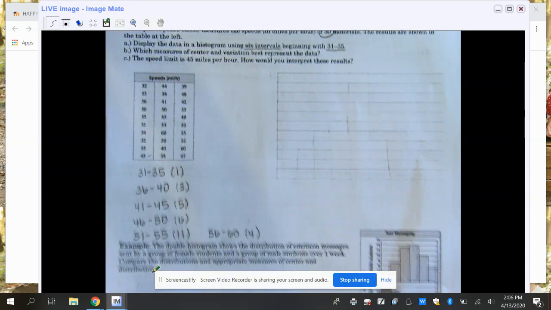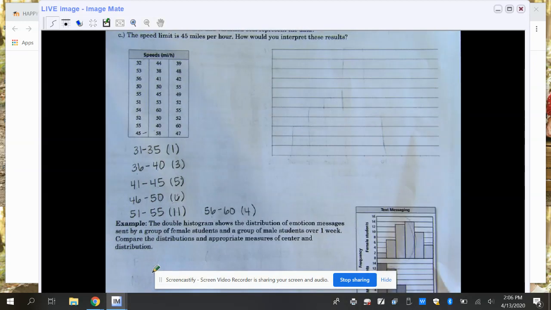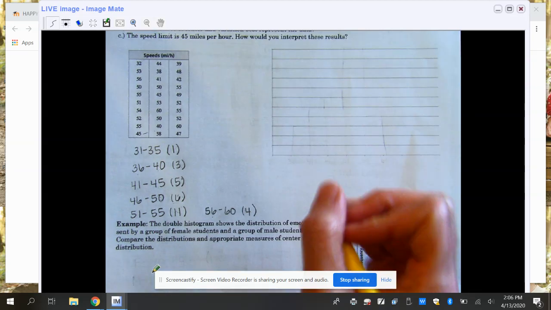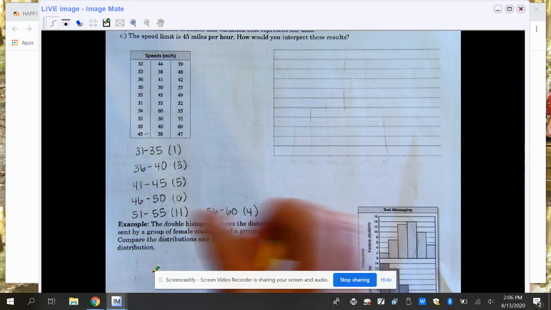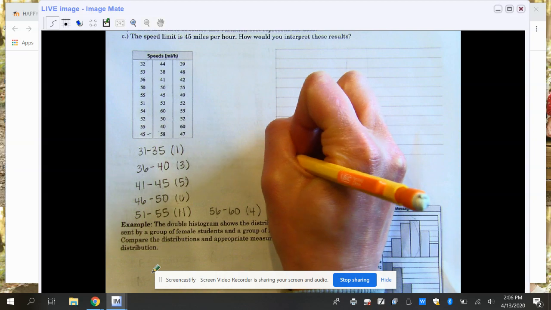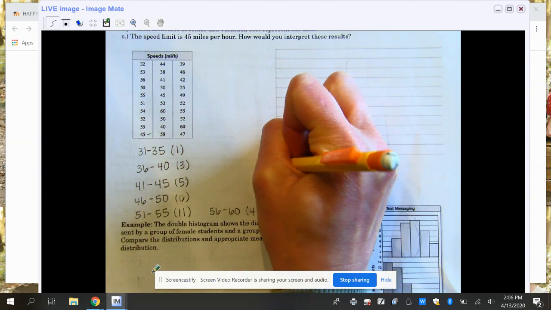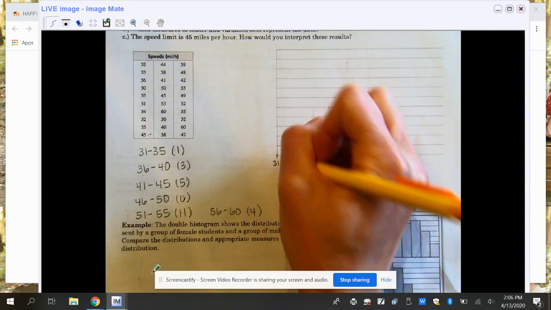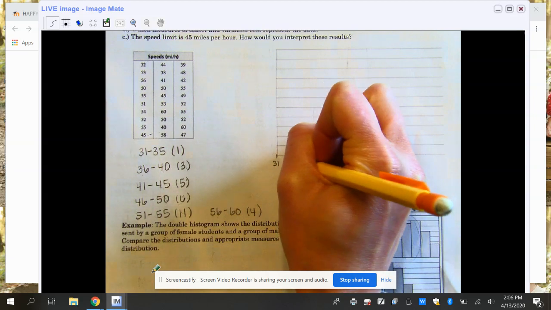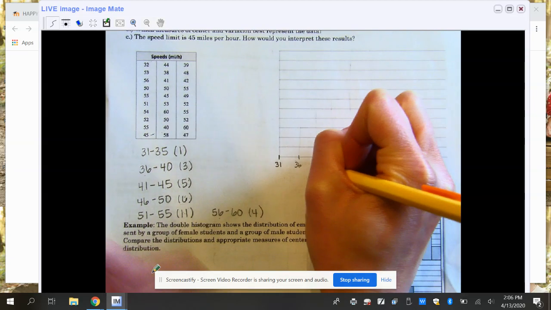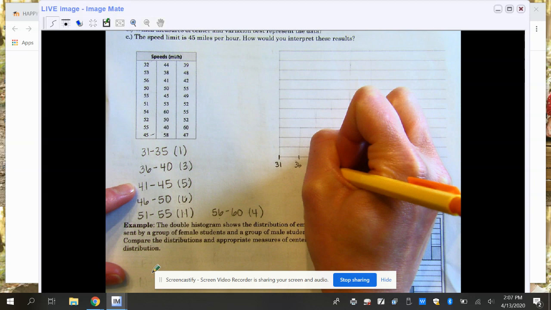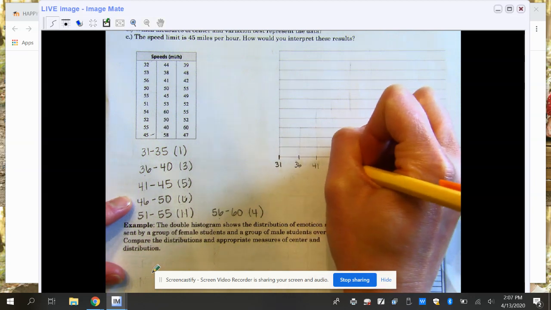Okay. All right, so now when we are going to actually make our histogram, I'm going to put these intervals on here. So this starts at 31. The next interval starts at 36. The next interval starts at 41.